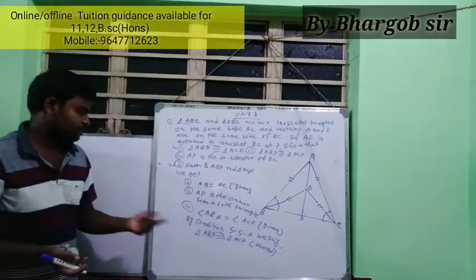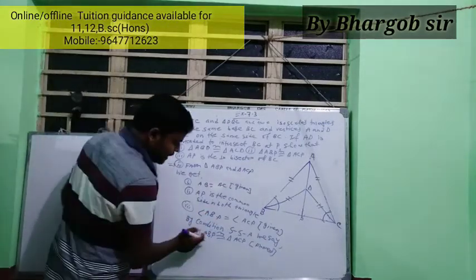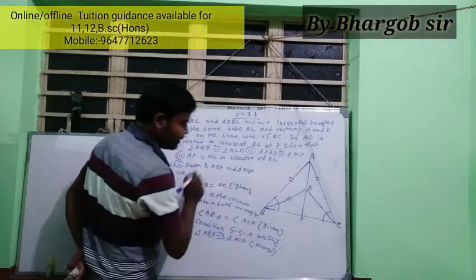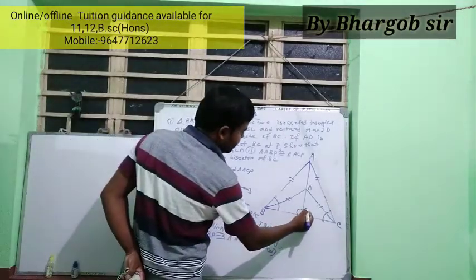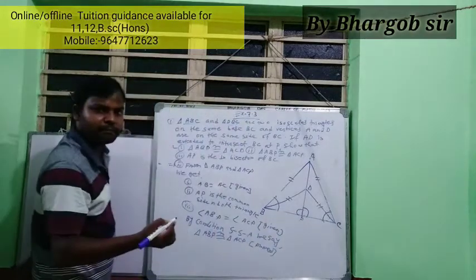From the congruency of triangle ABP and triangle ACP, we say that this angle and this angle are the same.